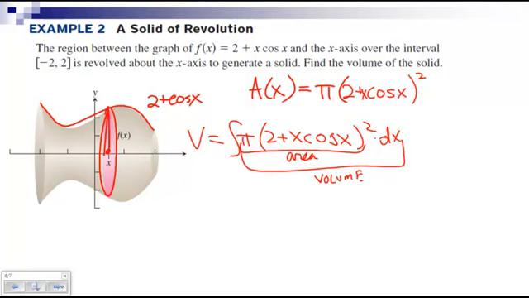What are the limits of integration in this case? The smallest x value is -2. What about the largest x value? It is +2. Now, at this point, the majority of the work that we had to do is done.